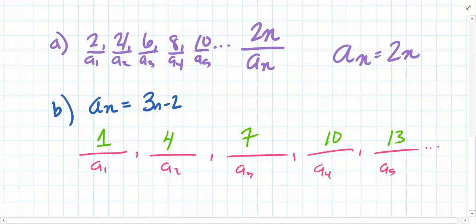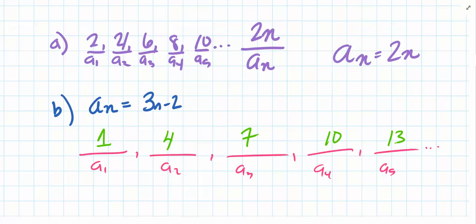Hopefully you're realizing that this function is nothing more than the slope of a line. The slope is 3 and the y-intercept is negative 2, right? So a line, that's why lines are covered today in Algebra 2.